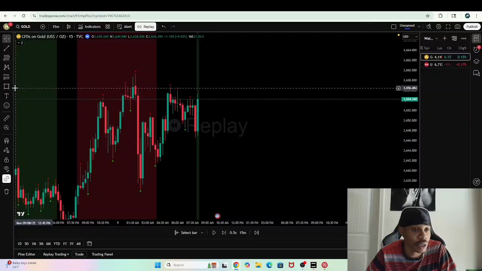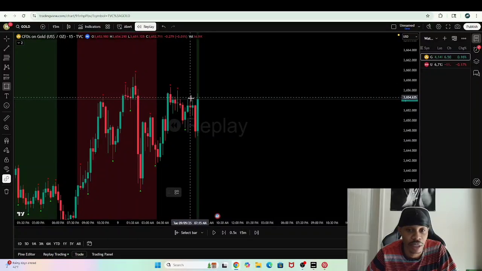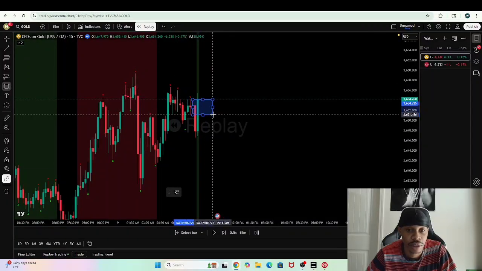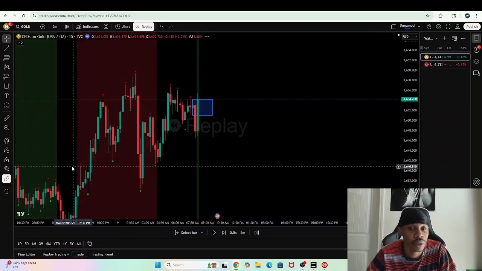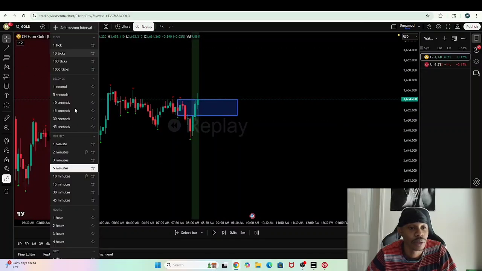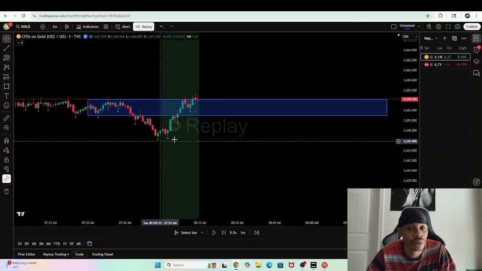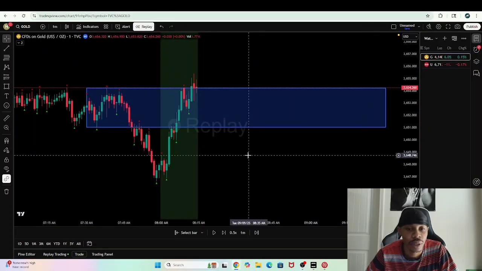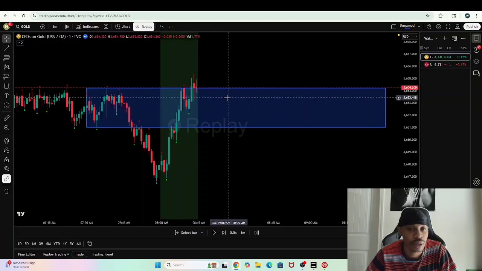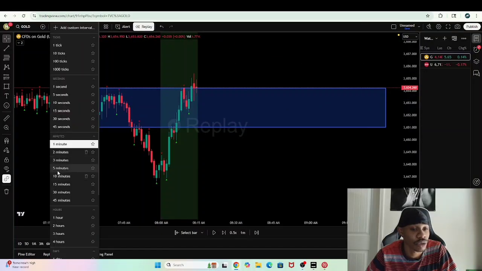And if it did, that means it invalidated what would have been my 15-minute zone. Yeah, so this will be a no trade day, again, unfortunately.